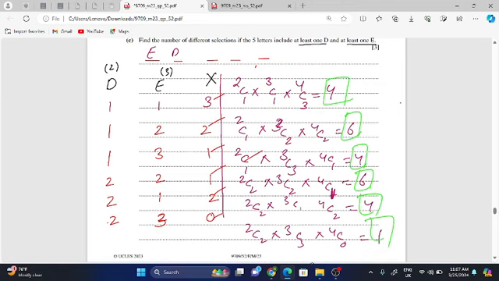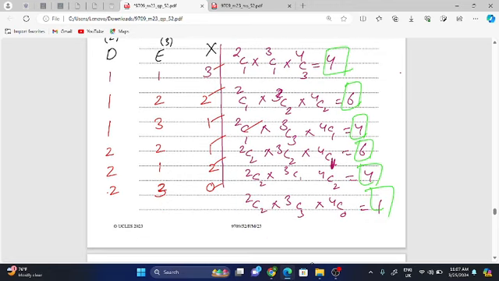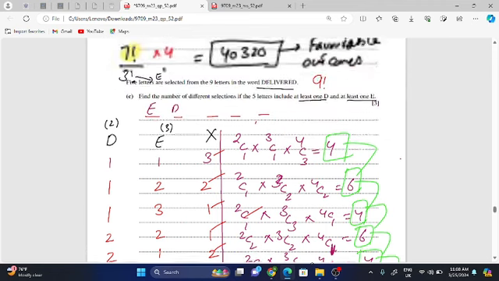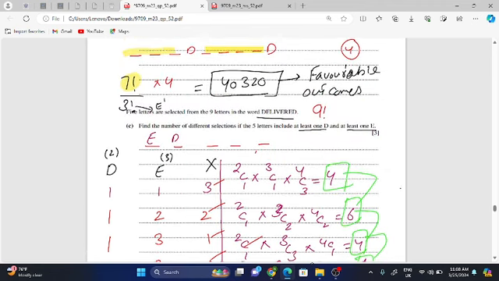That will give you the total number of ways through which you can arrange these letters. 4 plus 6 is 10. 10 plus 4 is 14. 14 plus 6 is 20. 20 plus 4 is 24. 24 plus 1 is 25. So total combination would be 25. In this way you can arrange.